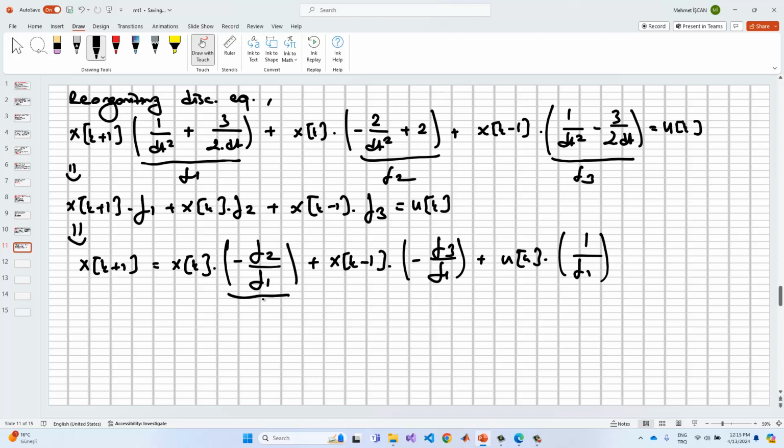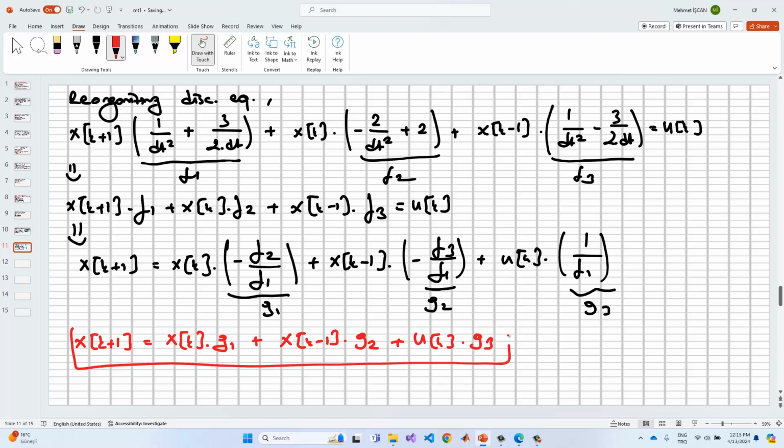For simplicity, we can assign other terms, g1, g2, and g3. Okay, and so we can say that xk plus 1 must be equal to xk times g1 plus xk minus 1 times g2 plus uk times g3. Okay, this is the difference equation which is expanded with the centered difference equations.